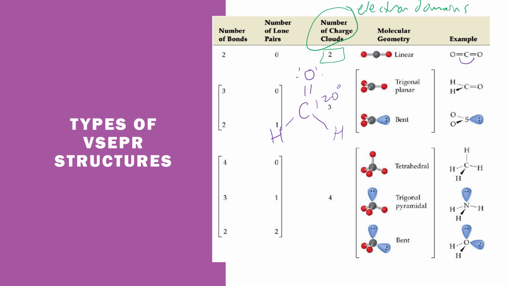If one of those winds up being a lone pair instead, the lone pair exhibits just a little bit extra repulsion than a bond does. So it would be just a little bit less than 120, like 117, 118, something like that. You don't need to know an exact number, just a little less than 120. So that's for three electron domains.